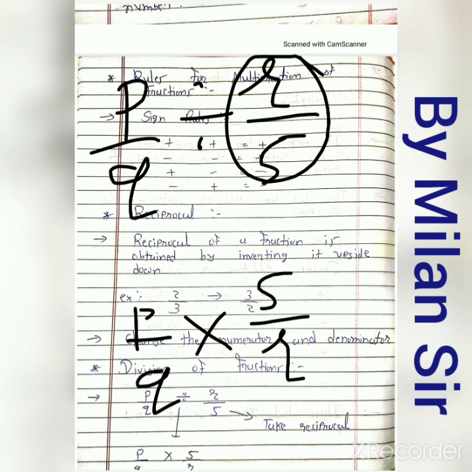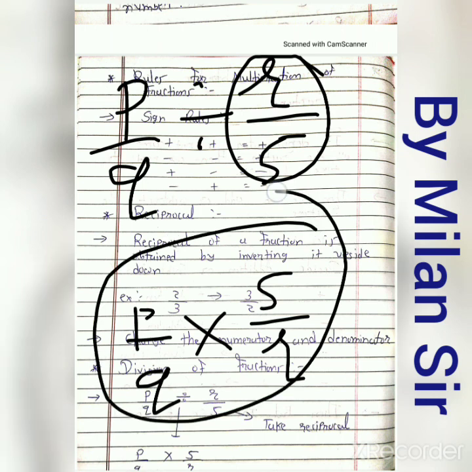I explained that if we divide by the reciprocal of the denominator, we finally get this. So we can make this formula. That means the first number as it is, in place of division write the multiplication sign, and take the reciprocal of your second number, and you will get the same answer.